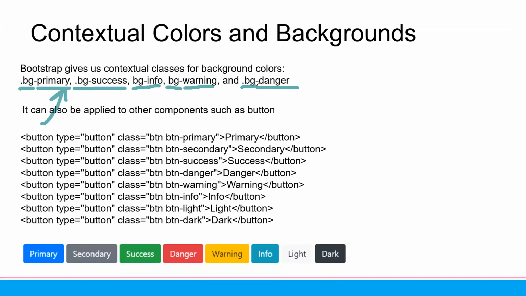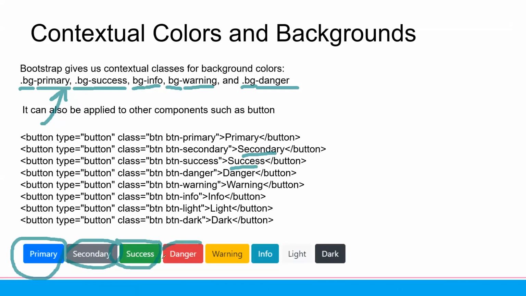They already define the color based on some kind of agreement. So if it is a primary button, the color is blue. If it is a success button, the color is green. If you click a button and then you have finished, or you can execute the program well, then the color will be green.